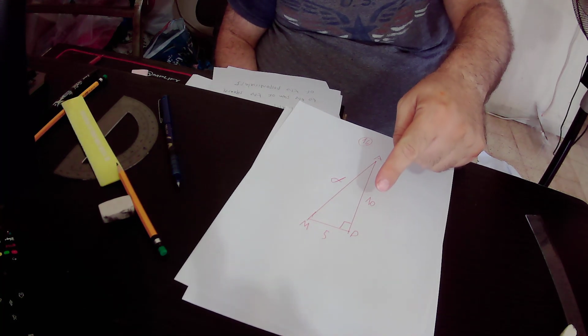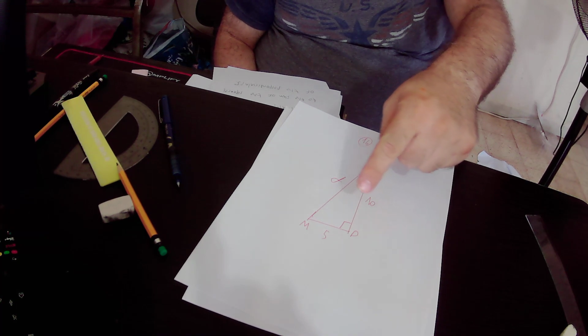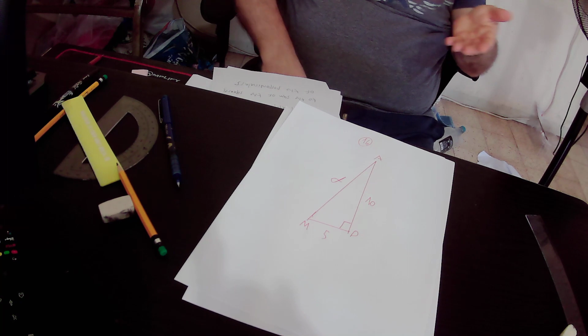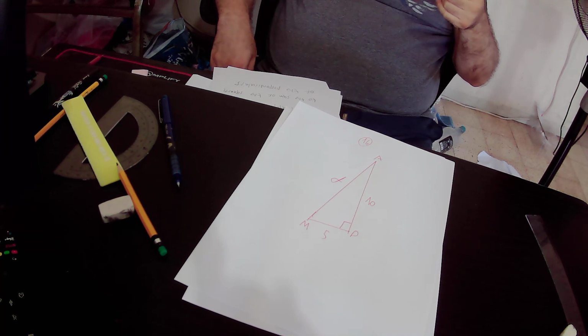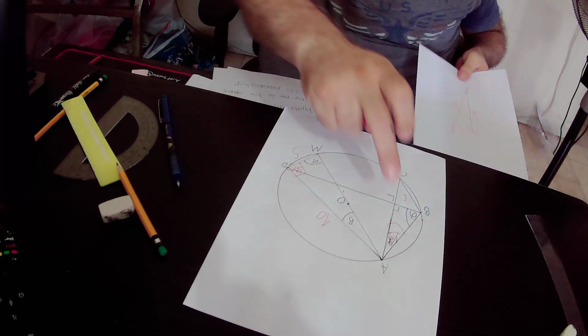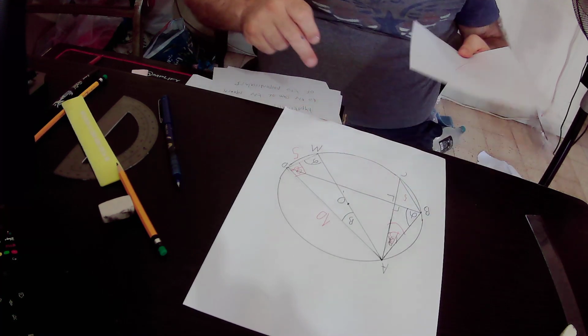Side AD of the right triangle equals 10 units, side MD equals 5 units, and AM is the diameter of the circle. At the beginning of the lecture, we got to the conclusion that AM is the diameter of this circle.